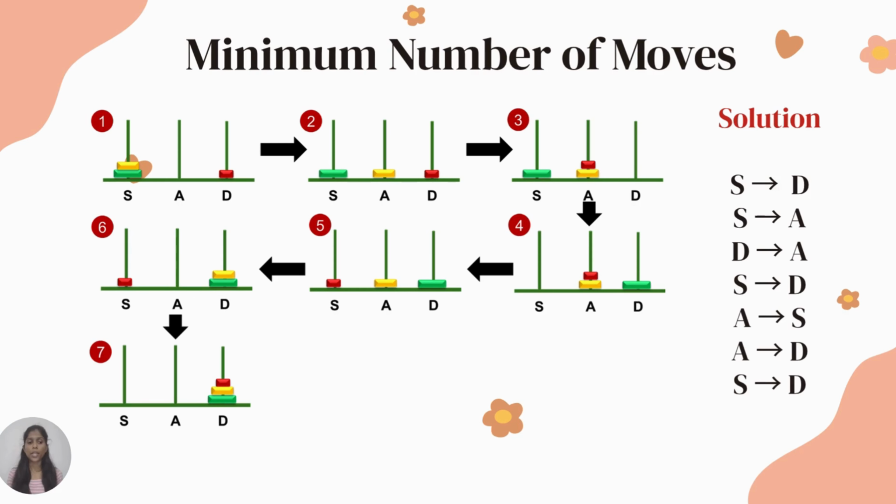You will notice the disks always follow the rules. Only one disk is moved at a time, and no larger disk is ever placed on a smaller one. This step-by-step view is a great way to visualize recursion and understand how each move is part of a bigger plan.